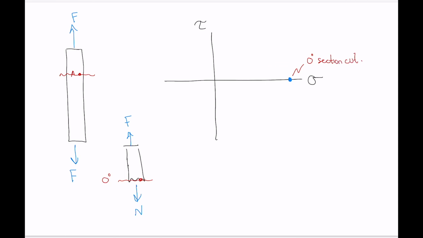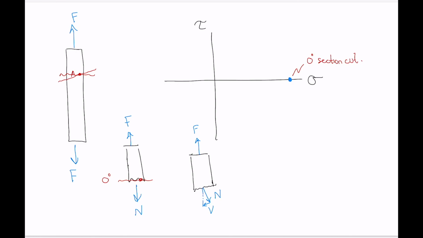Okay. So now if we take another section cut, one that's fairly horizontal, but not quite, then what we get for our free body diagram is something like this, where we have our force here, and when we split the vector into its perpendicular component and its parallel component relative to the section plane, we've got a normal force and a shear force.